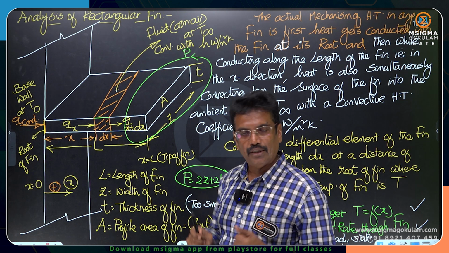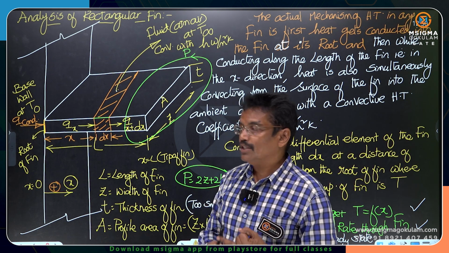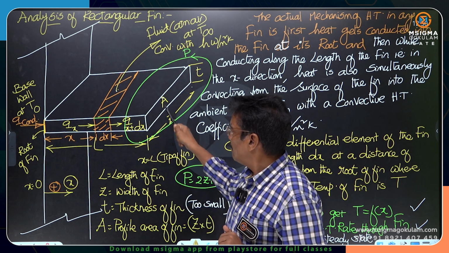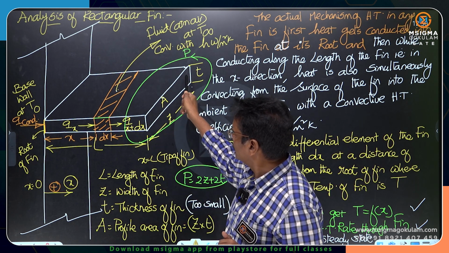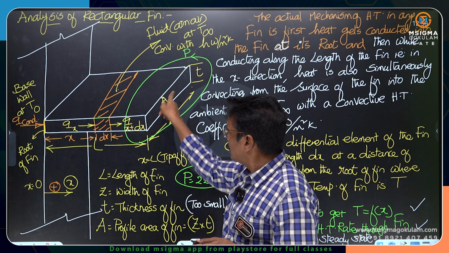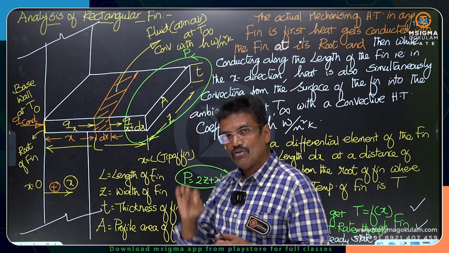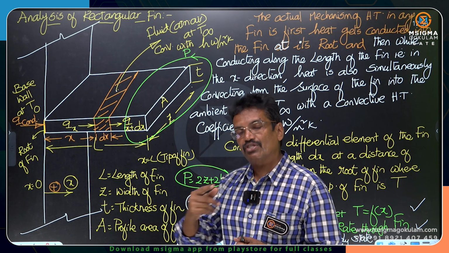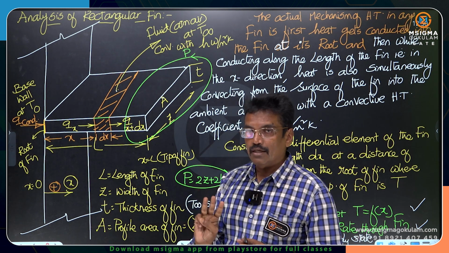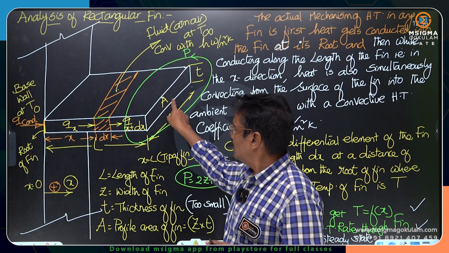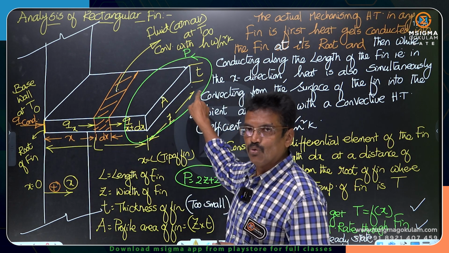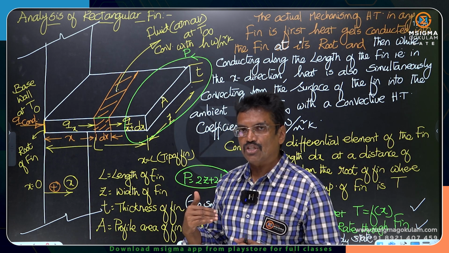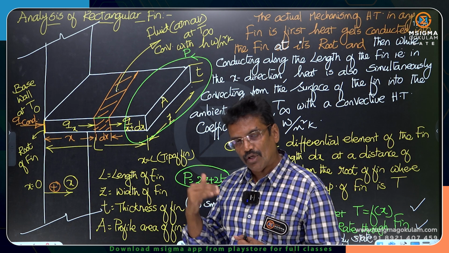The second case is a fin finite in length, not long, but the tip is insulated, perfectly insulated. The third case is a fin finite in length, but the tip is also losing heat by convection. So there are three cases generally considered in fin problems.